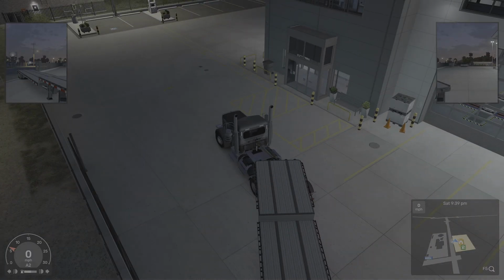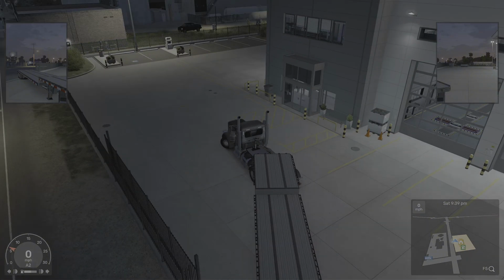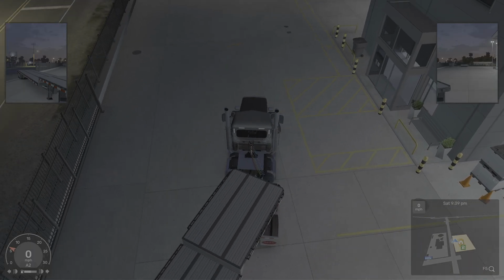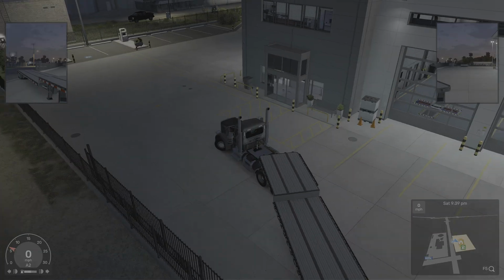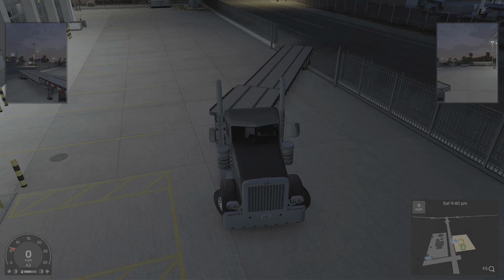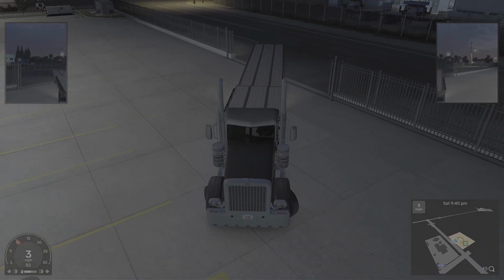If I turn my wheel this way, my truck is going to swing this way. The trailer is going to meet the center and then start going the opposite direction. We're going to show this in this mode right here. Oh, I didn't keep the wheel turned.